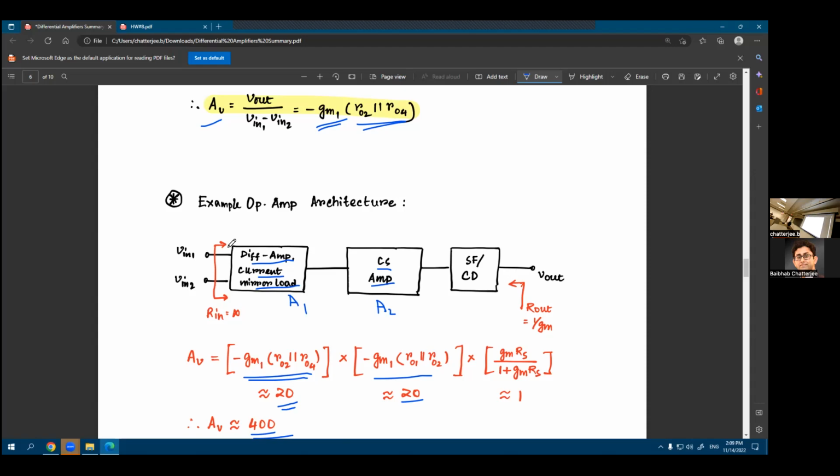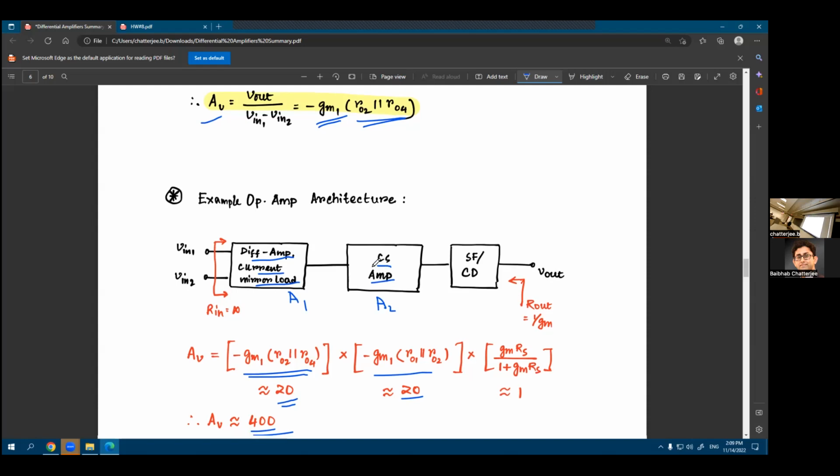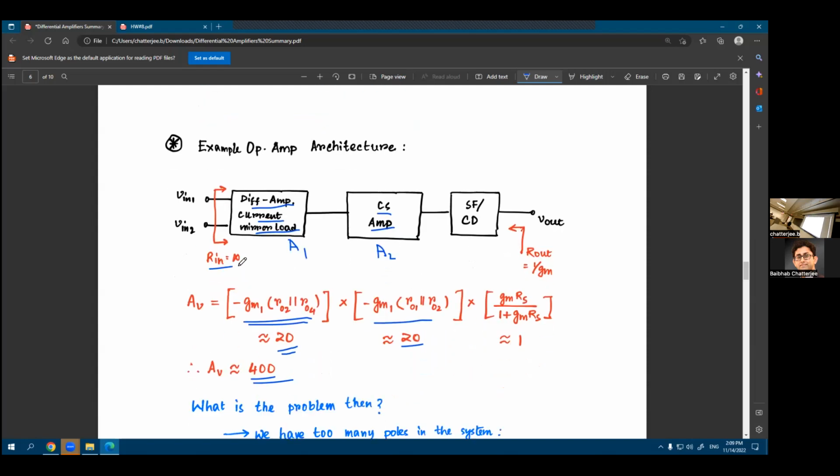But for low frequencies, you can assume that since it's going to a gate, it's infinite resistance, your Rin is still infinite, right? So that's all we are concerned about in this course. But for future courses, let's say RF design courses, you have to keep in mind that the input impedance may not be infinite, even if it is going to a gate, because there are effects of parasitic capacitances. But let's worry about that at a later time, not now. Now, so Rin is infinite.